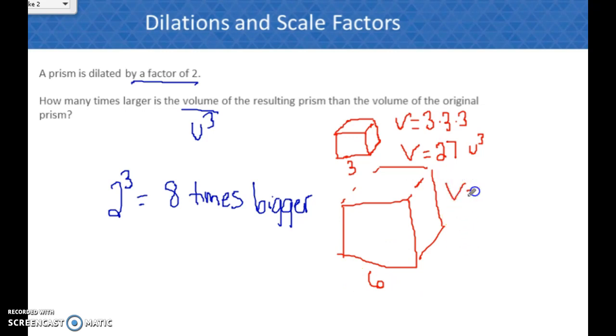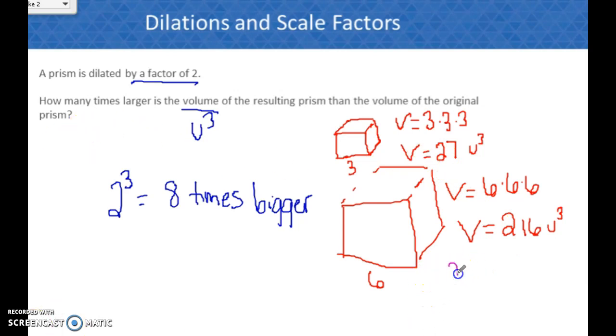So if I wanted to find the volume of my new cube, again, these are just made up. I just made up that my cube had 3 to begin with, and then I applied the scale factor of 2. And if I multiply that out, that would tell you that my volume is 216 units cubed. Now if I want to find out how much bigger 216 is than 27, I could divide those.